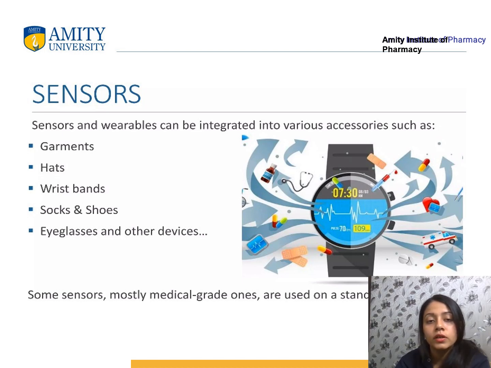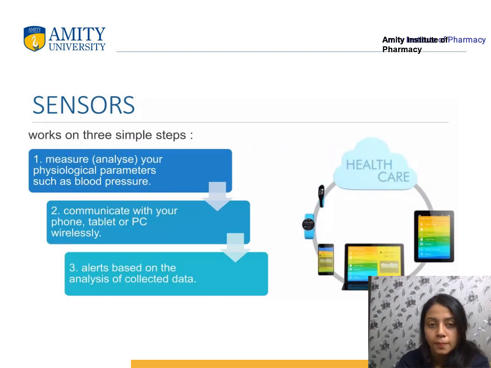These wearables can be integrated into the various accessories such as garments, hats, wristband, socks, shoes, eyeglasses. So basically, it comes in direct contact with our body and gives the signals to our phone. The sensors work in three simple steps. Number one is measure your physiological parameters such as blood pressure.